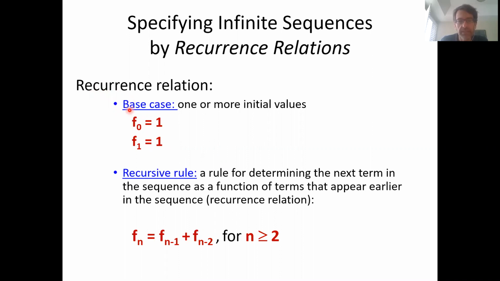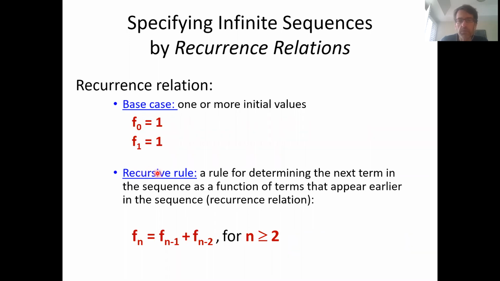First, a base case, which is the values of this sequence at a few initial indices. Here is an example where I explicitly define the f0 element. I start this sequence at index 0, and at the 0th and first, I'm declaring them both to be equal to 1.